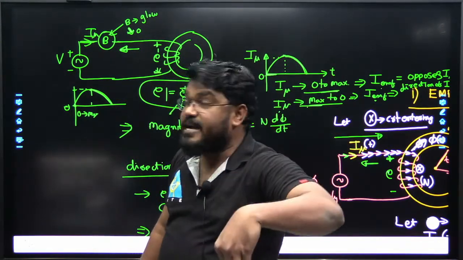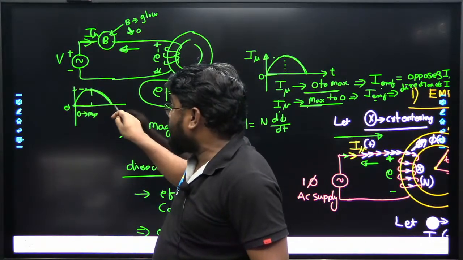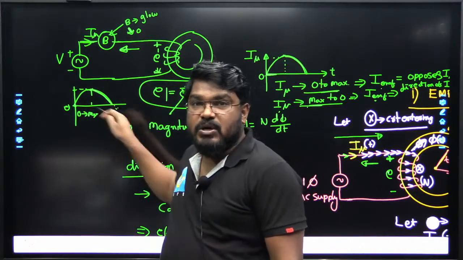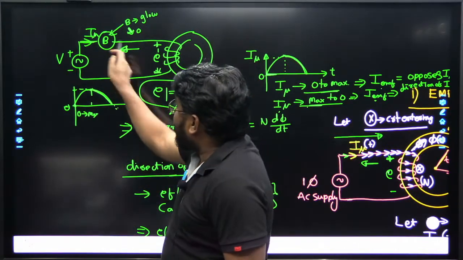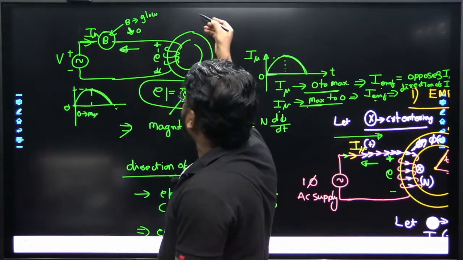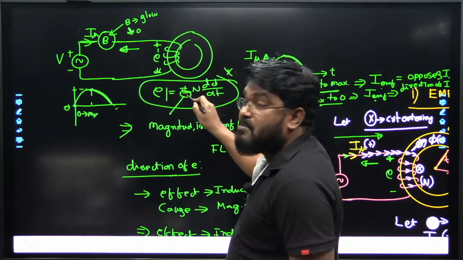Suppose you consider from maximum to 0, whenever the current changes from maximum to 0 value, it is in the direction of the magnetizing current. That's why we can write E is plus or minus, but in general we have taken it from the starting point.